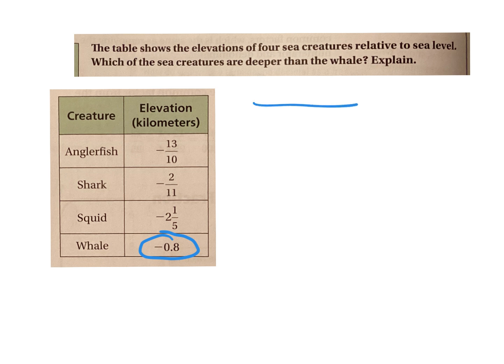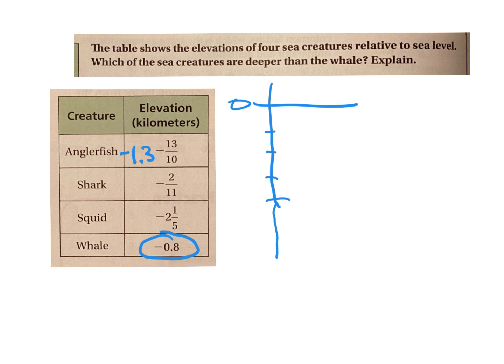So we have 0 here, and then we'll have a line going negative down. Negative 13 over 10, I'm going to do 13 divided by 10 equals negative 1.3.